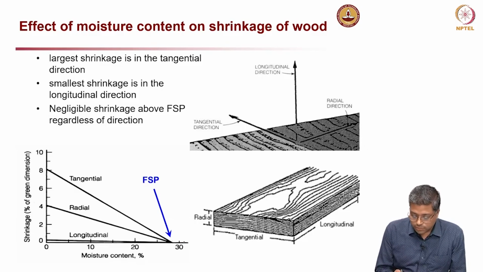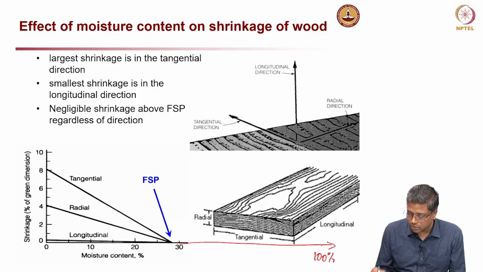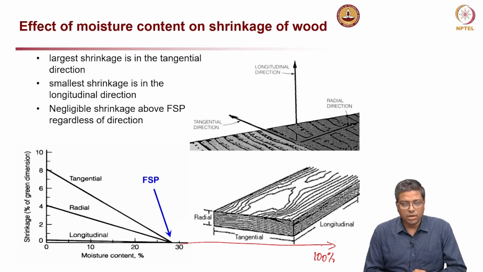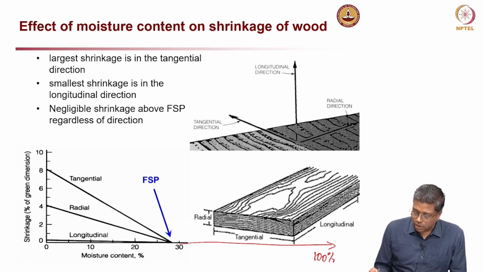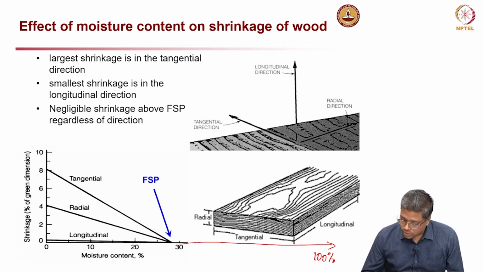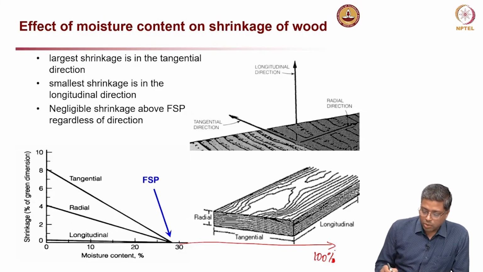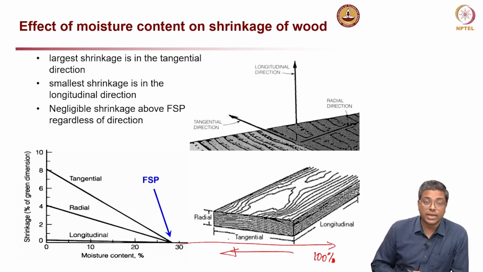Let us say I am extending this to the right, and this is about 100%, fully saturated wood. Now you have to go from the right end of the graph to the left. This is how we start drying the wood.